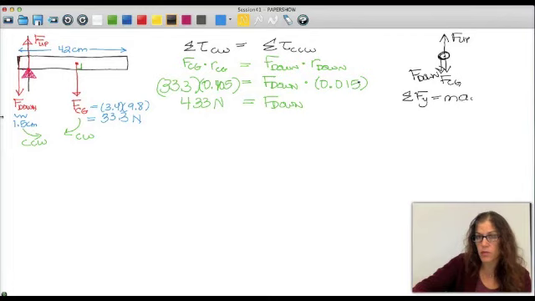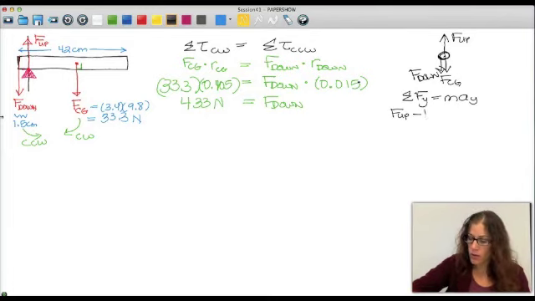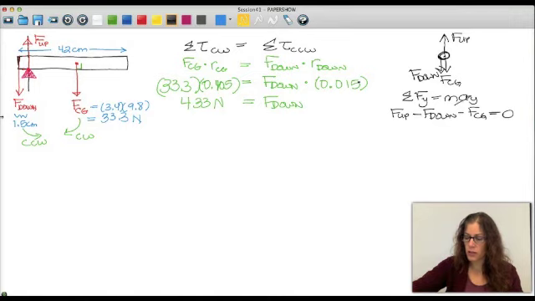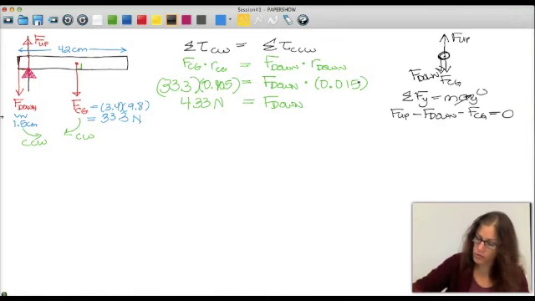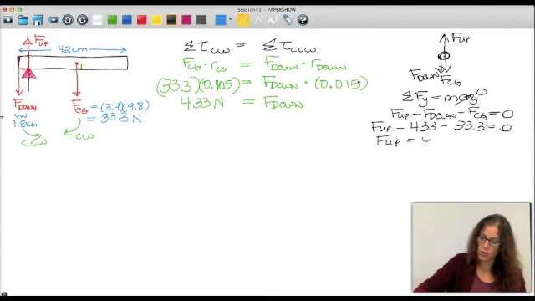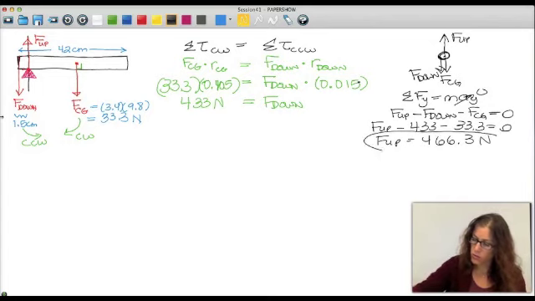I find it much easier, and I assume that if I find it easier, you will too. So now you can just set up your Newton's second law, right? Because it's not accelerating, because it's in static equilibrium, and this becomes pretty easy to do. So you end up with the force up is 466.3 newtons.